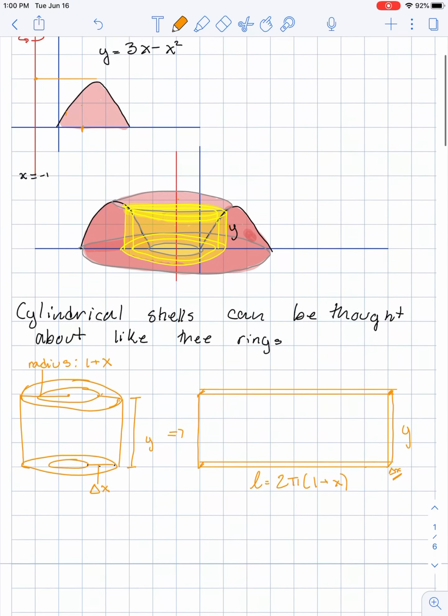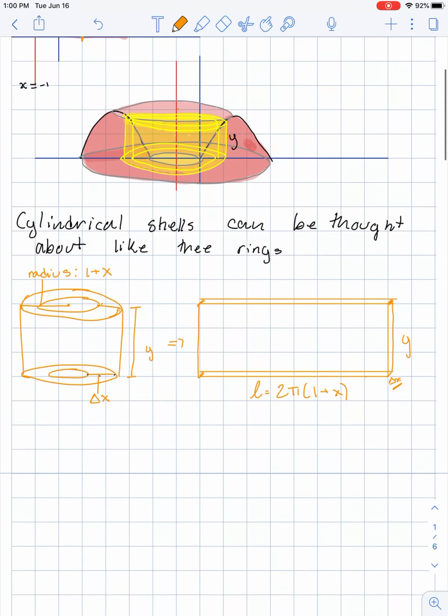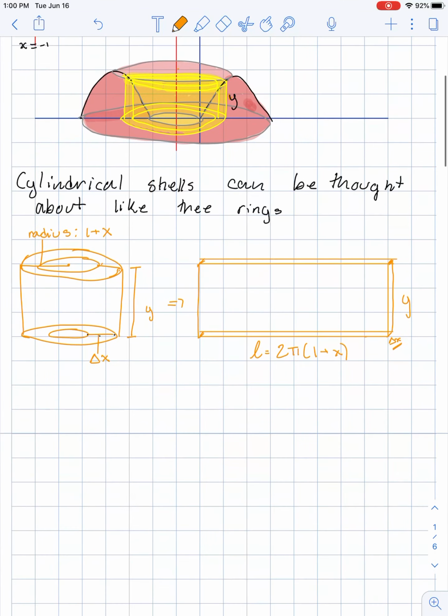All right. And our height, we said was y, but we're given what y equals. It's 3x minus x squared. So we can continue on, and I want to make sure I get this right. We get volume is going to look something like length times width times height.